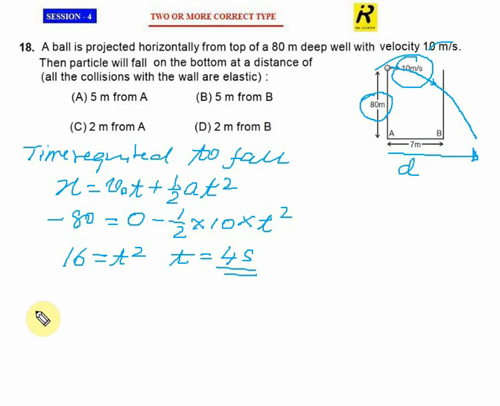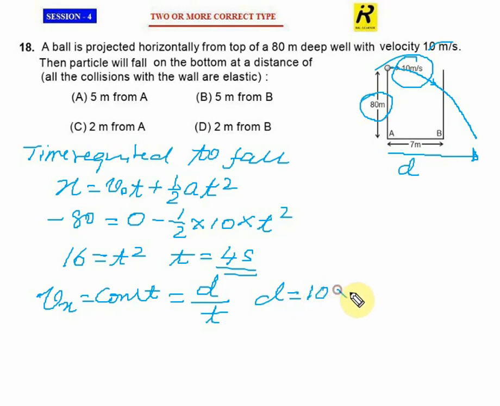Since the horizontal velocity is constant, I use the distance divided by time formula. So distance equals the horizontal velocity Vx, 10, into time, 4, which is 40 meters.